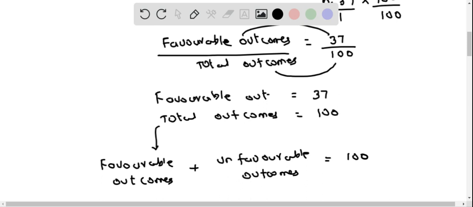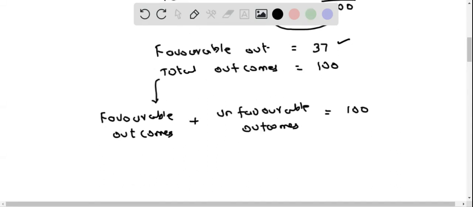Now let's replace favorable outcomes by 37 and determine the unfavorable outcomes. So here I put 37 plus unfavorable outcomes, and this equals 100.